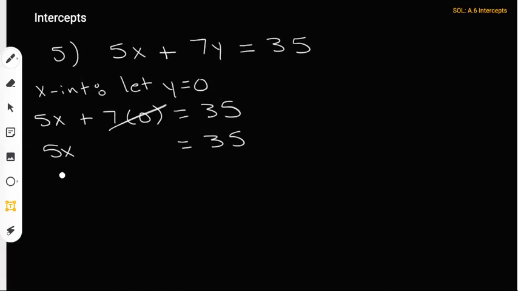Now to get x by itself, I need to divide both sides by 5. The 5s are going to cancel out, leaving me with x equals 7. So my ordered pair is going to be 7, 0.